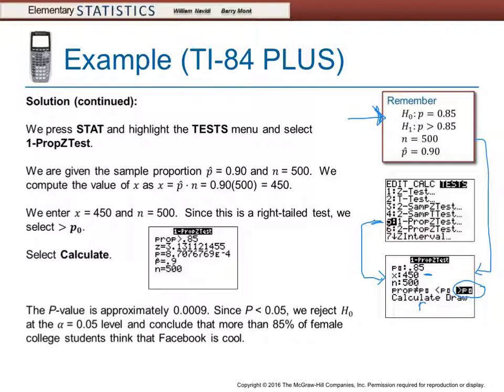When we hit the calculate key, we end up with the screen that is there in the center where z is equal to 3.13. We got that when we did it by hand, but here's the beauty, it automatically gives us a p-value, and there it is.